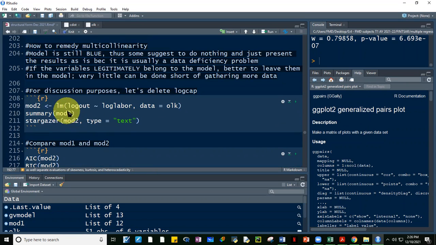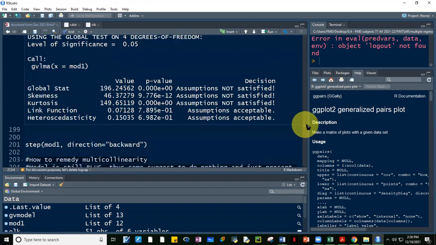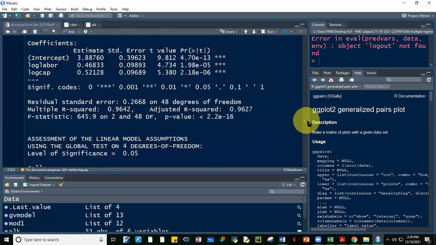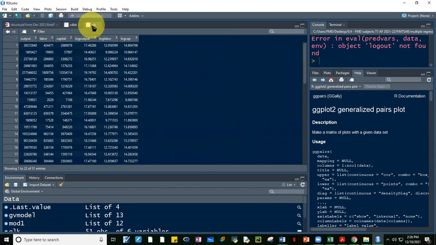Model 2: log output regressed on log labor. We're just calling it model 2. Then let's run this. What happened? Why log? What name did I use? Is my name wrong? Did I use log output?